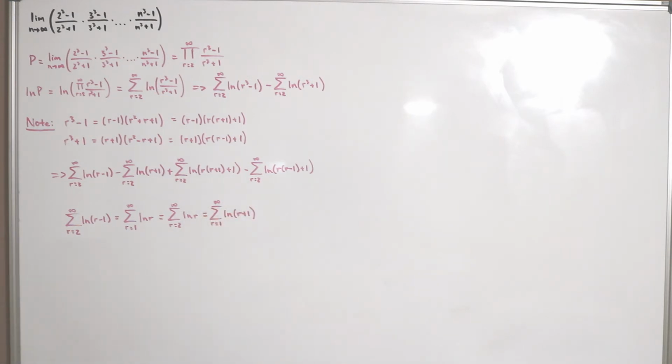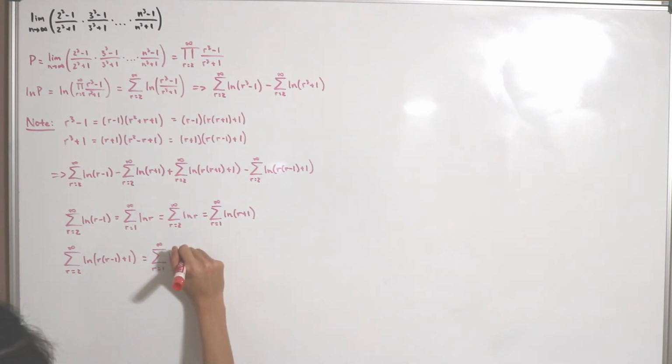Okay, and now let's change our index over here. So the summation of r equals 2 of ln of r times r minus 1 plus 1 is equal to, now we're going to start our index at r equal to 1 to infinity of ln of, so let's see, 2 minus 1 is 2, so 3.